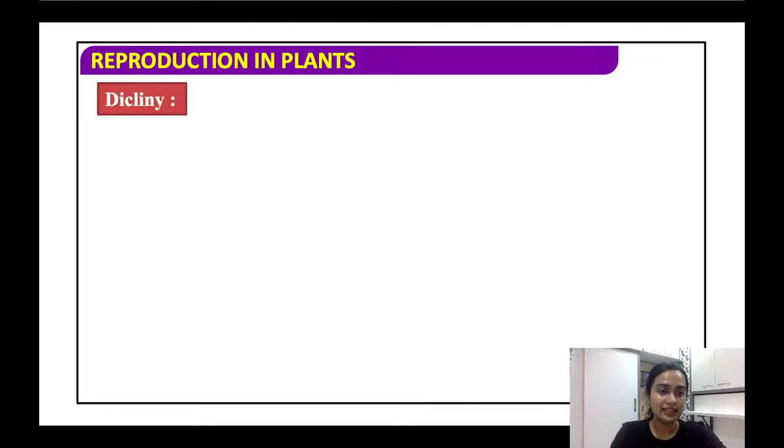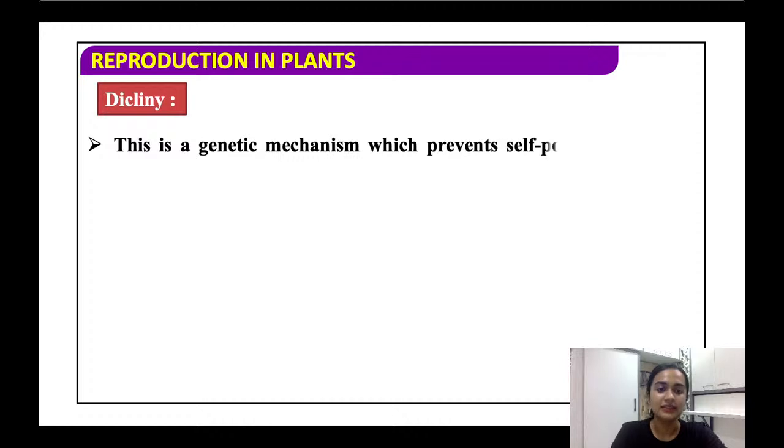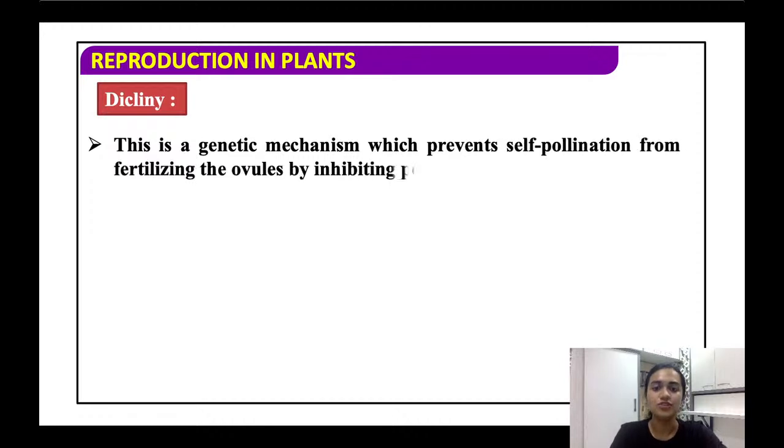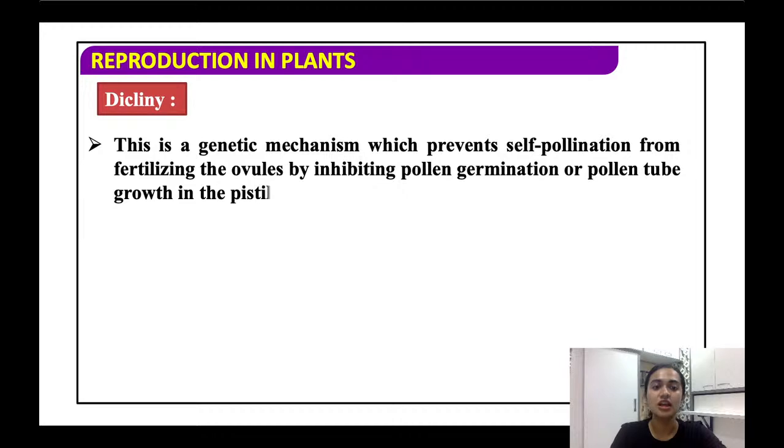Now, in dicliny, this is a genetic mechanism which prevents self-pollen from fertilizing the ovules, as it inhibits pollen germination or pollen tube growth in the pistil. Here the female part is matured and developed and ready for reproduction, but the male part is not developed, so self pollination is ruled out.